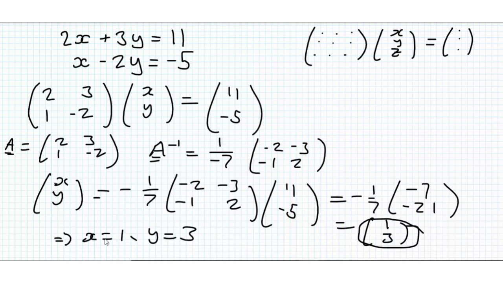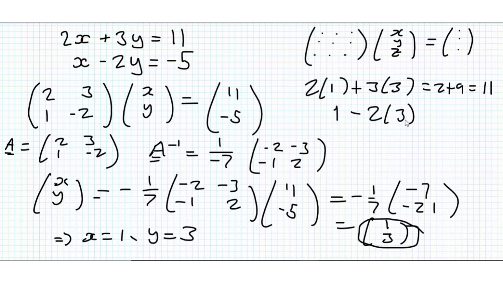So x equals 1 and y is equal to 3. You can check this: 2 times 1 plus 3 times 3 is 2 plus 9, which is 11. And then 1 minus 2 times 3 is 1 minus 6, which is minus 5. Okay, so it does work.